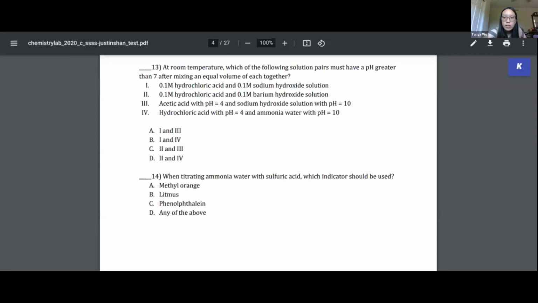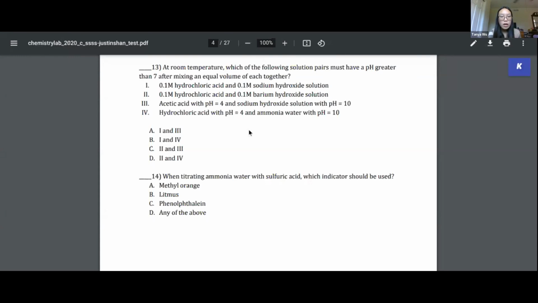But barium hydroxide has 2 hydroxide ions attached to it. So when it dissociates, it has twice as much hydroxide as hydrogen ions. So that means it will lean more towards the basic side, which means the pH will be greater than 7. So you know it has to include 2. So the answer has to be C or D.